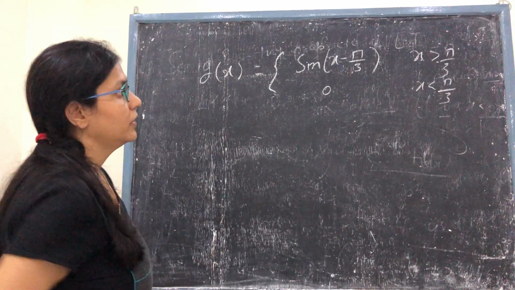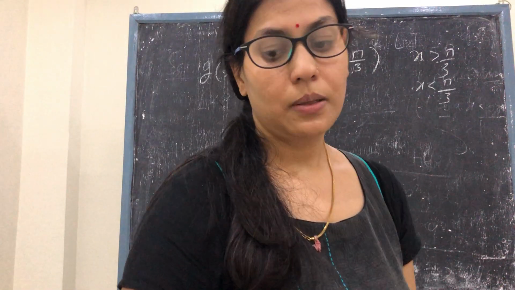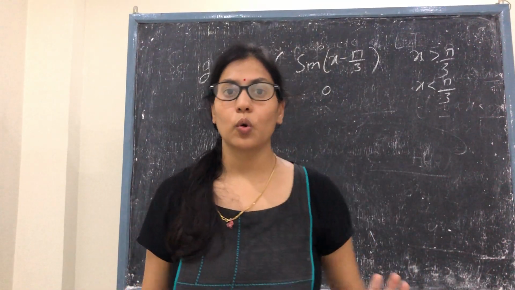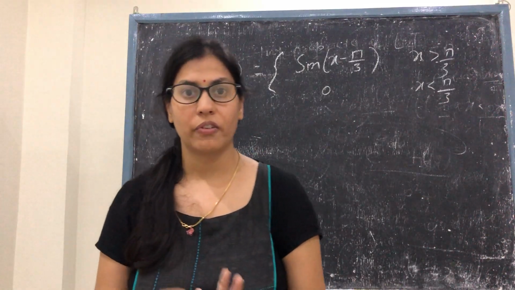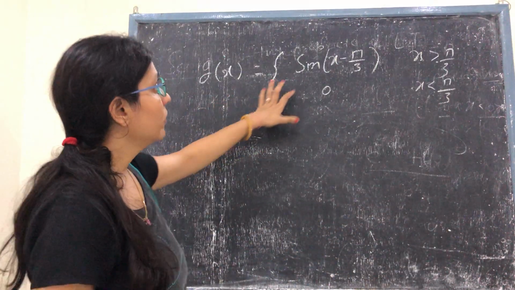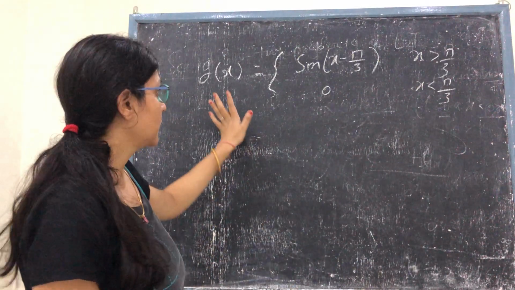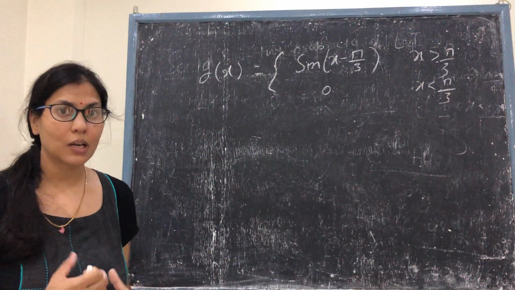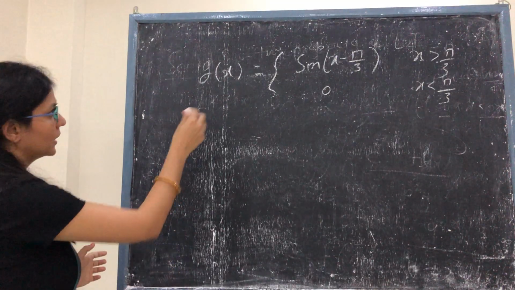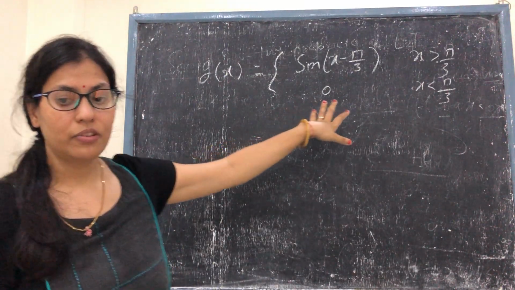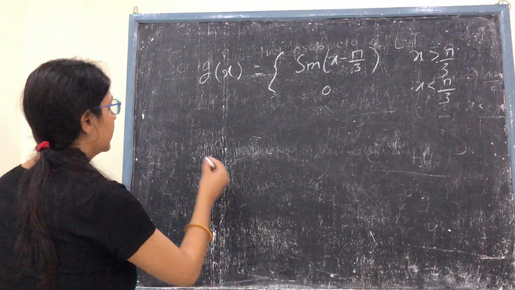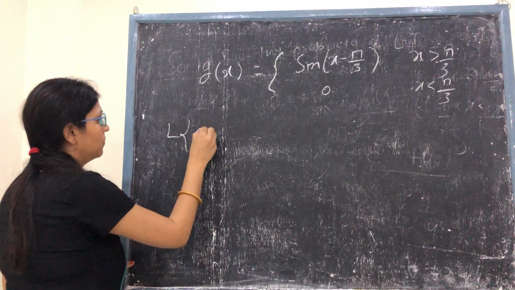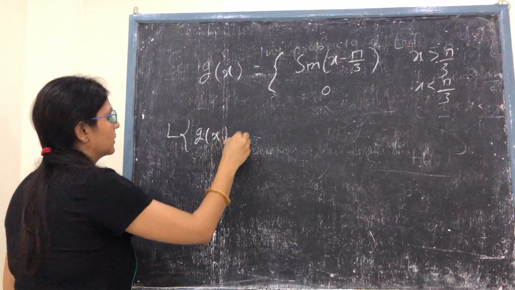Let us assume that we do not know the second shifting property, then how will we derive the Laplace transformation of the function g of x using the basic definition of the Laplace transformation? Applying the basic definition here, what will we get? The Laplace transformation of this function g of x.